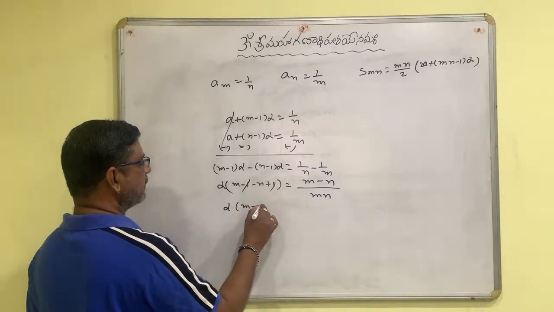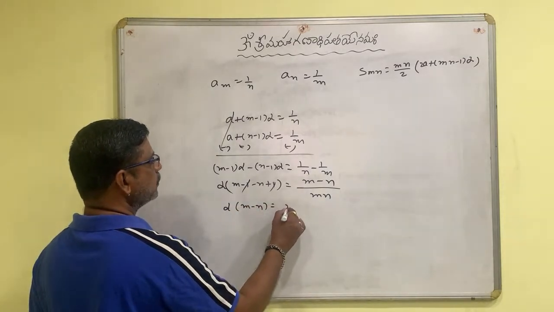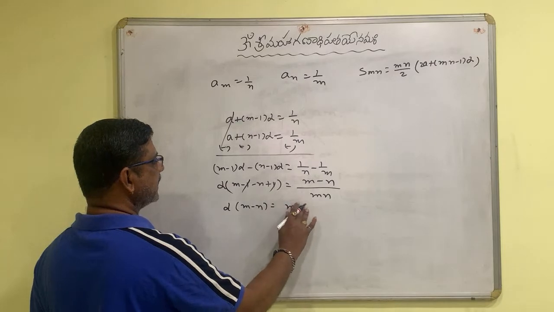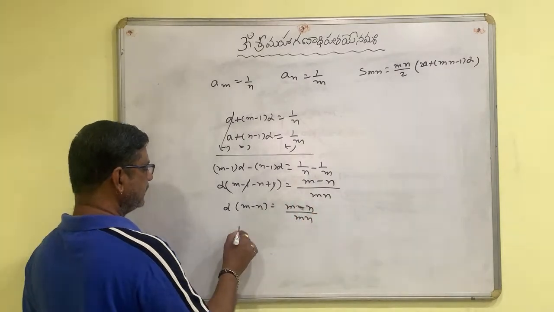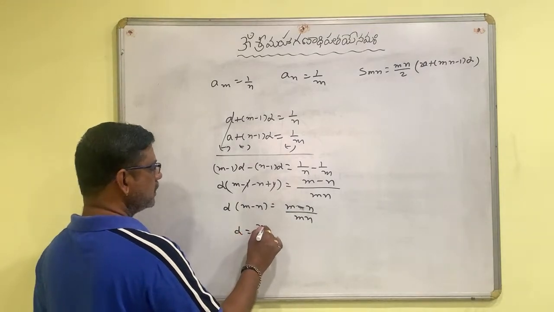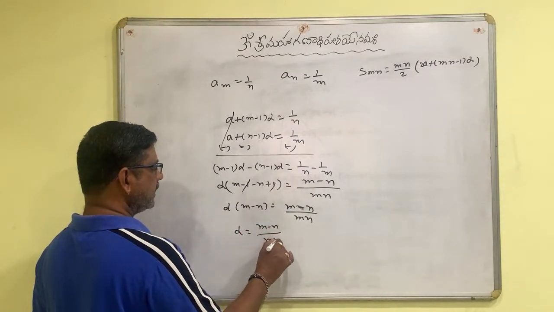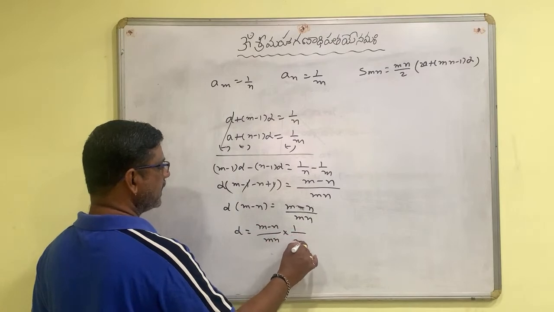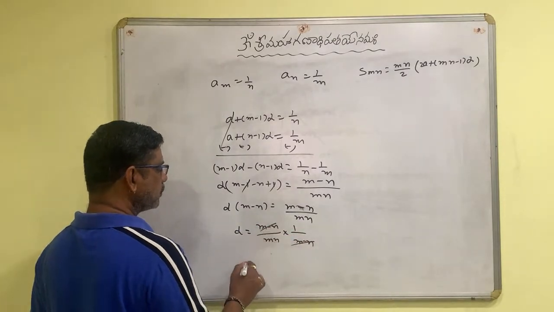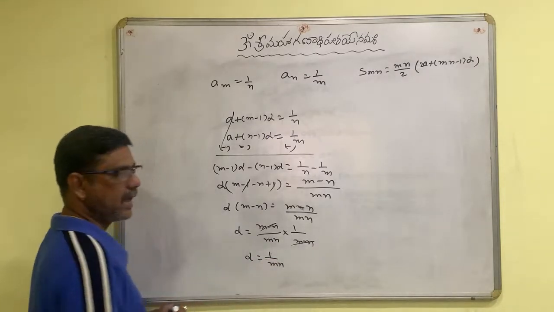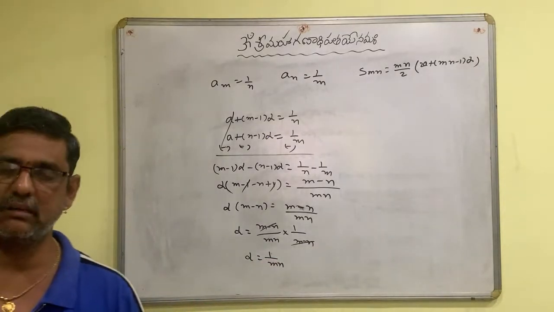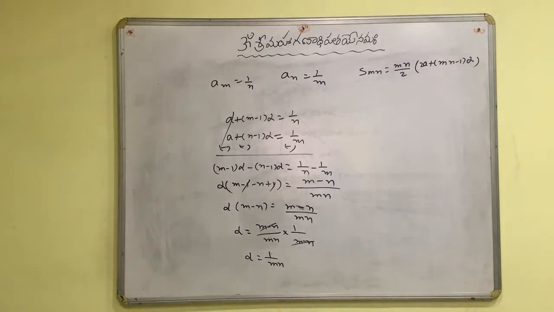D times of m minus n is equal to m minus n by mn. Then d is equal to m minus n by mn into 1 by m minus n. These two get cancelled. D is 1 by mn.